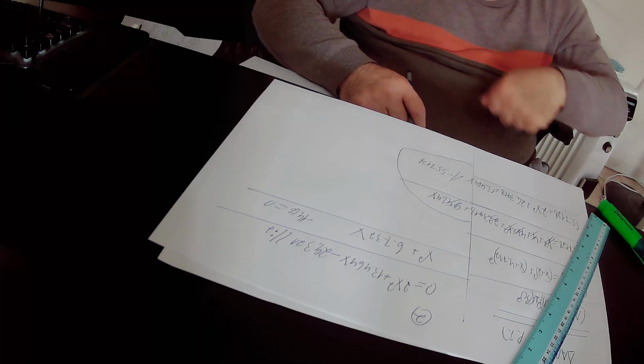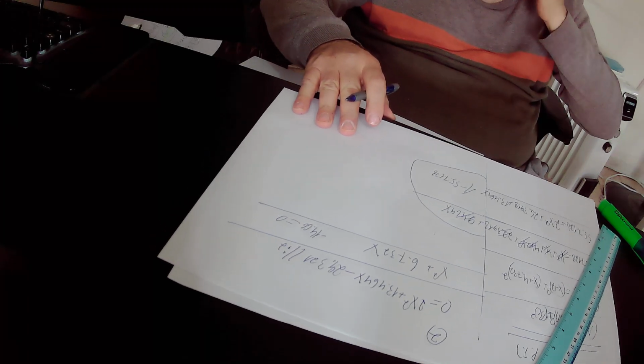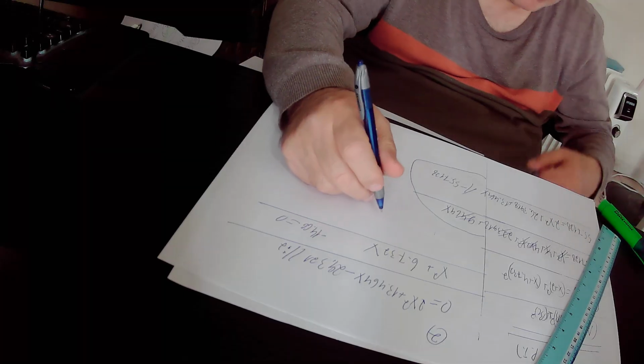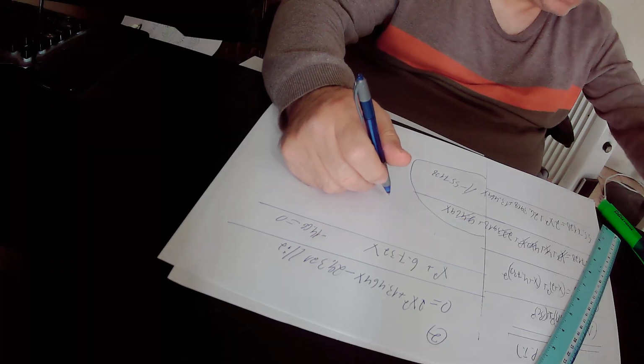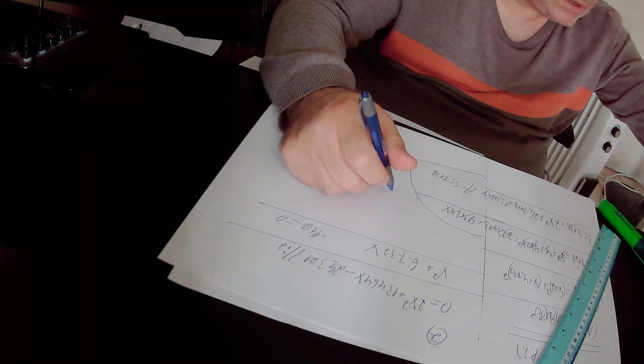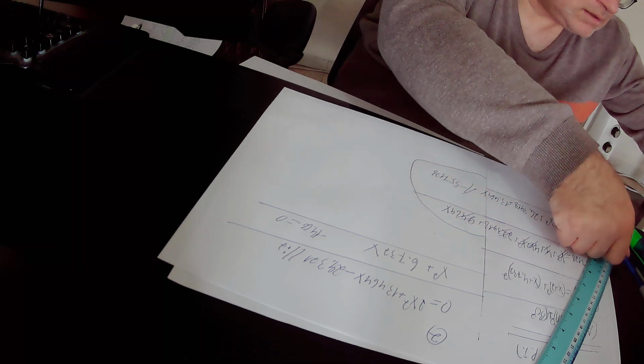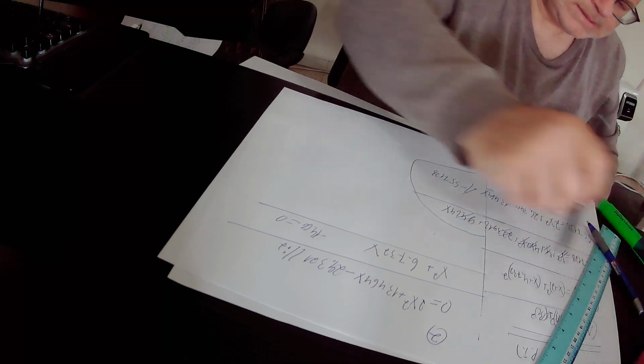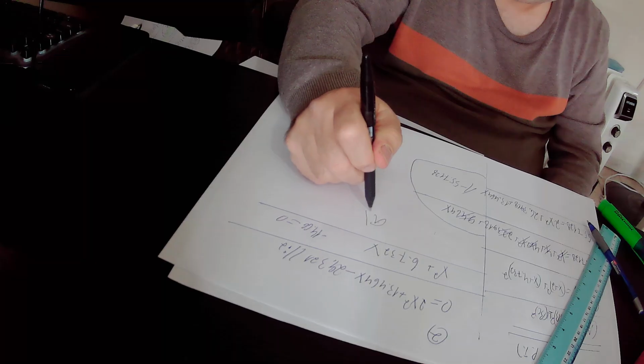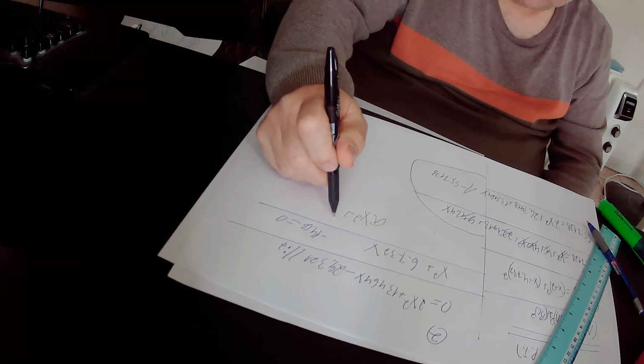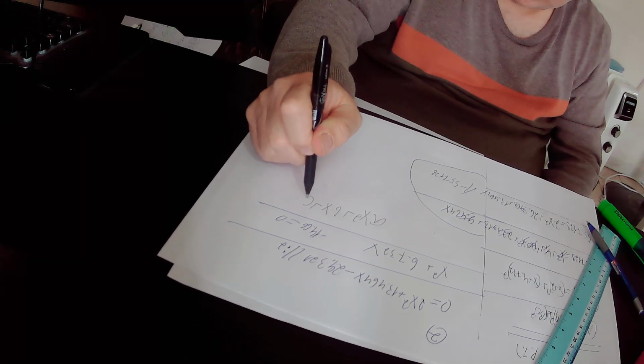So this is the quadratic equation, and the general formula for a quadratic equation is ax squared plus bx plus c equals 0.